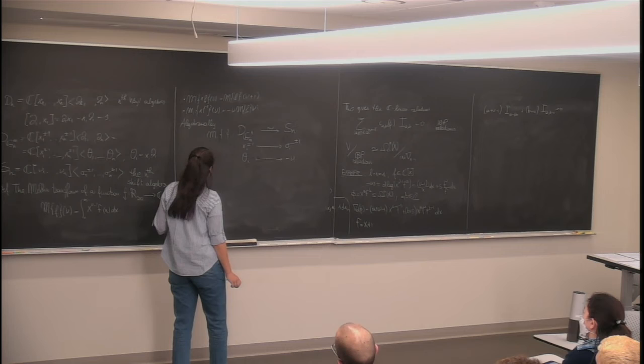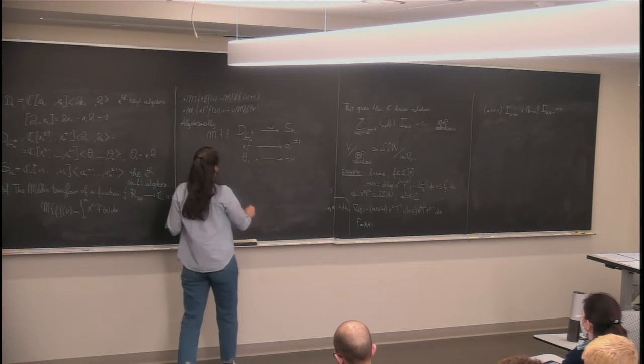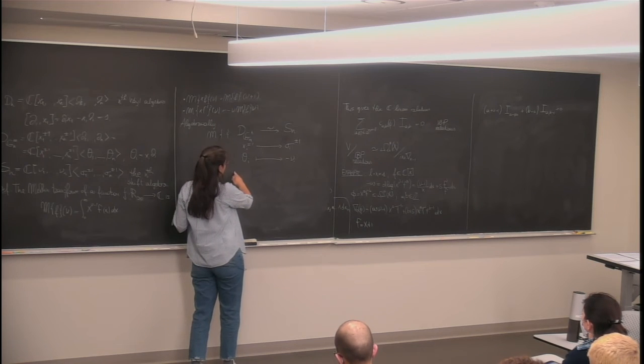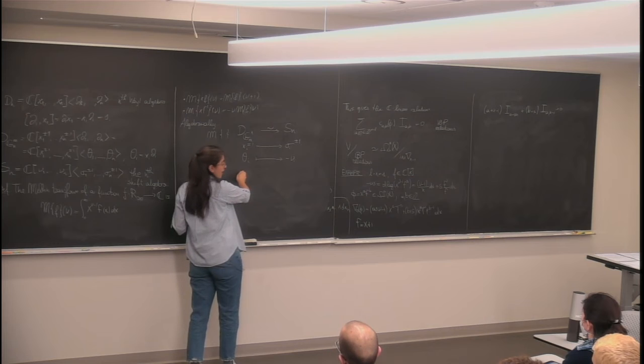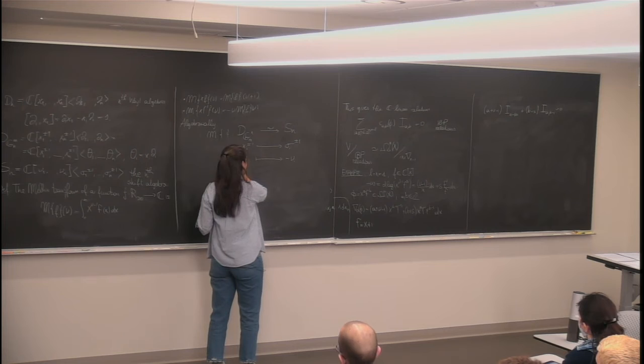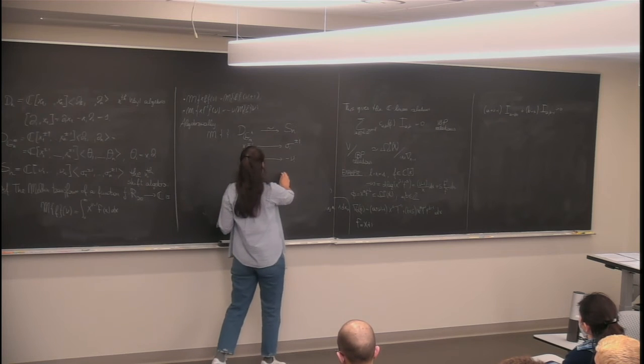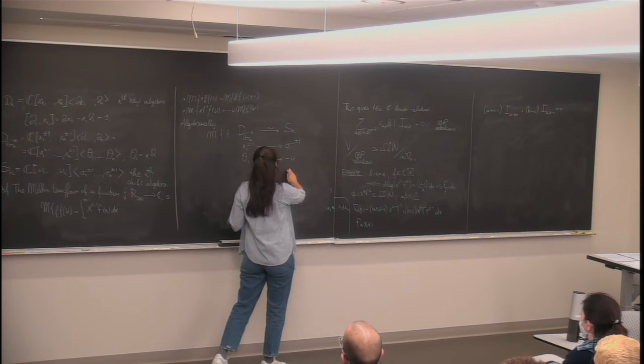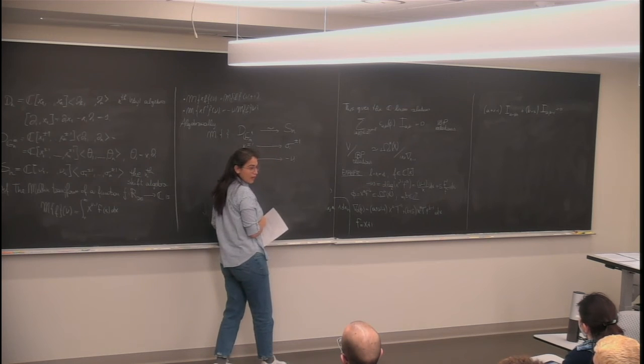What this is telling us is that if one has an operator that annihilates a function, so that when applied to this function gives us 0, then this translates into some shift operators annihilating the Mellin transform of that function.